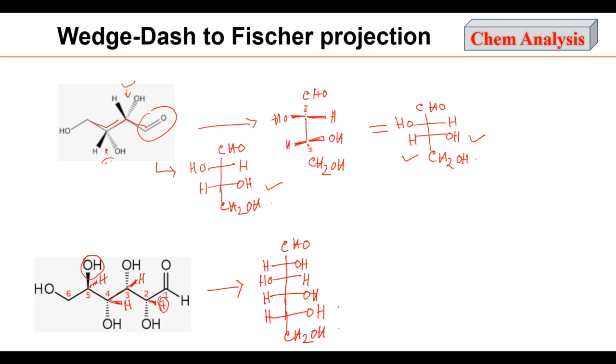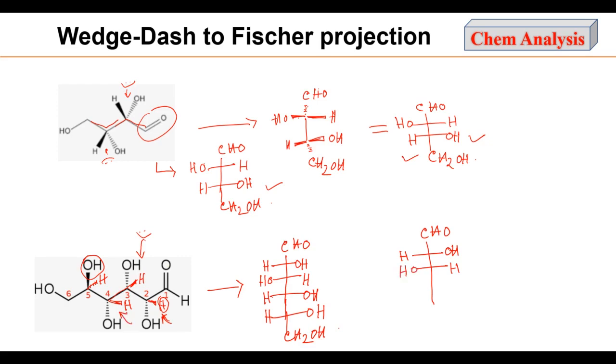using the trick. Now if we see the molecule from the OH dash bond, then the structure will look like this. We are viewing this chiral center from this side, so the hydrogen atom will be on the left side, OH group on the right side. In this case we have to see the OH dash bond from the top of the molecule, and we can see that the hydrogen atom is on the right side and OH group on the left side.